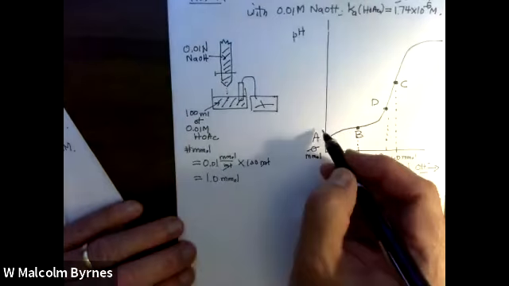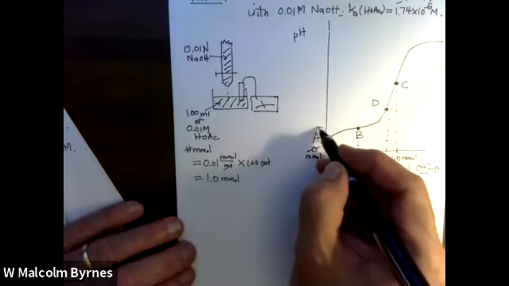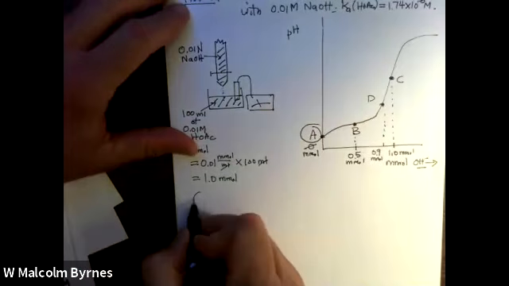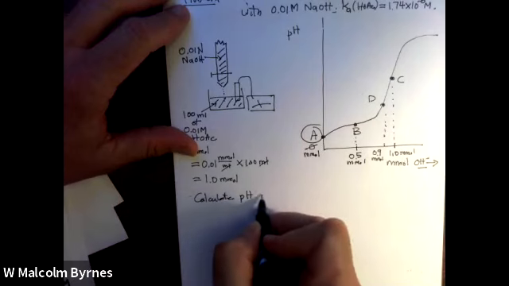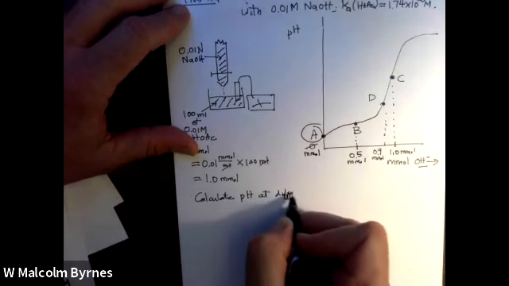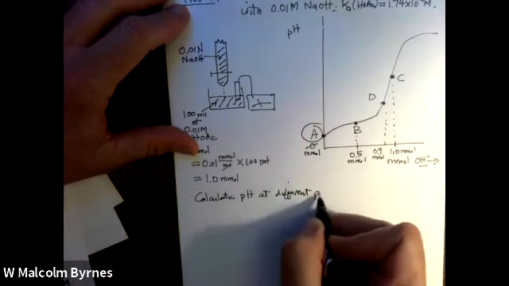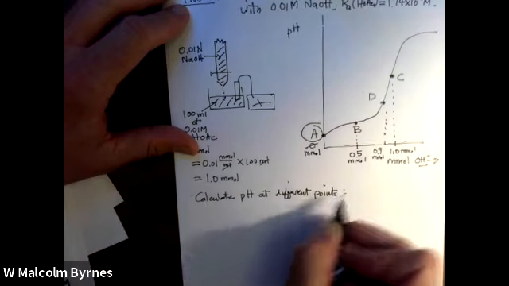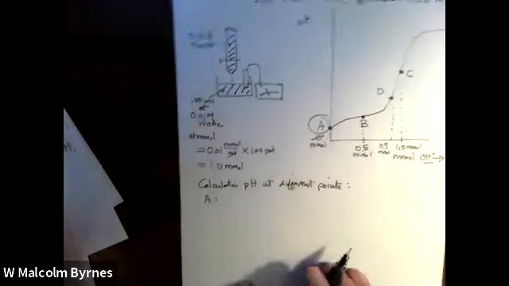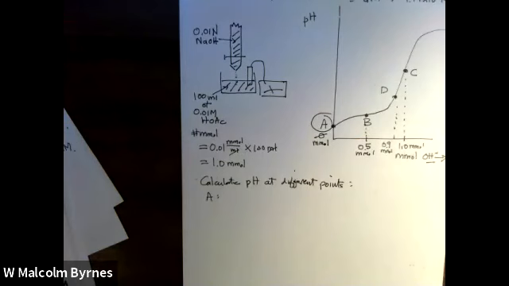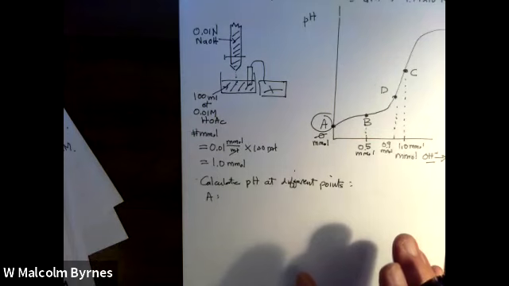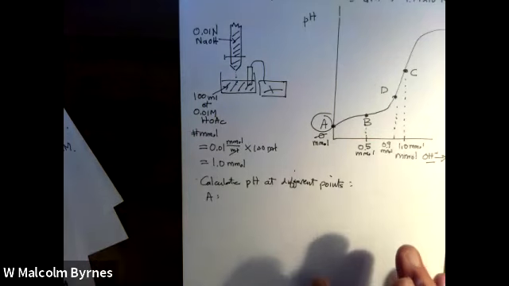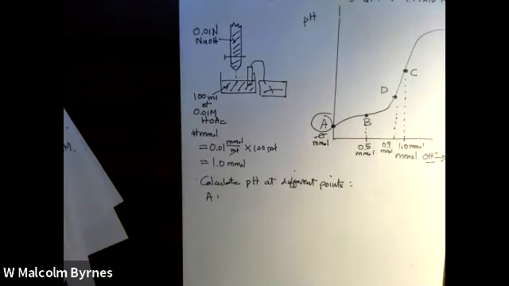Now let's look at these different points. Let's calculate the pH at the different points, and let's start with A. Here we have a weak acid, and we already set this problem up before.